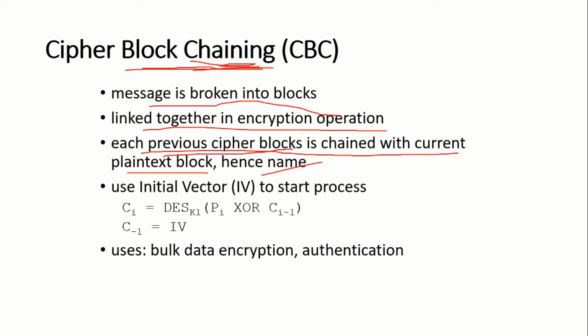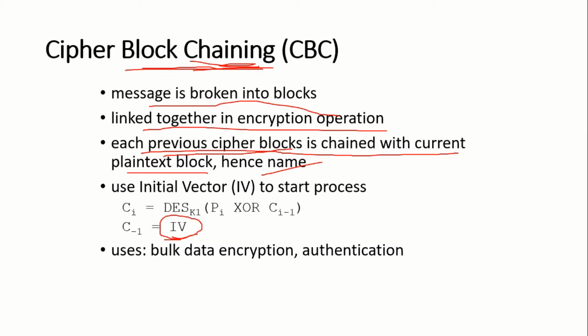But if we are at the first plain text block, then how do we find the previous cipher block? For that we have the initialization vector, which we use for the first block of the plain text. I'll tell you how we use this vector for processing the first block of the plain text, right?